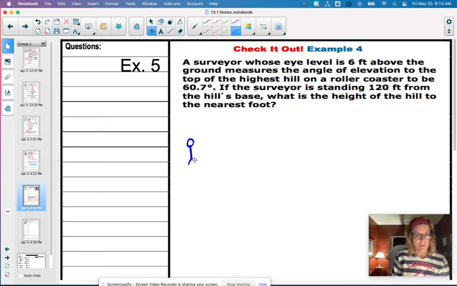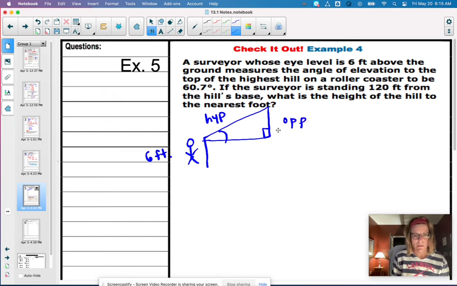So here is our person, and our person is 6 feet tall. There's our triangle here, there's our right angle. We're going to obviously call this the hypotenuse. There's our angle, so this is our opposite, and this is our adjacent.